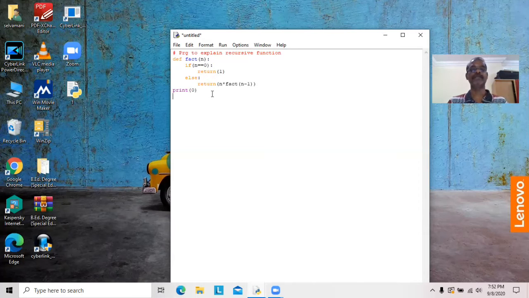See what will happen here. Fact of 0. Here, this is the print fact of 0. This fact calls this function. n is a parameter which is assigned by argument 0. Here 0 equal to 0. This is the base condition.